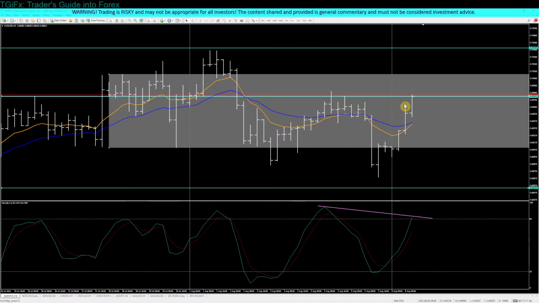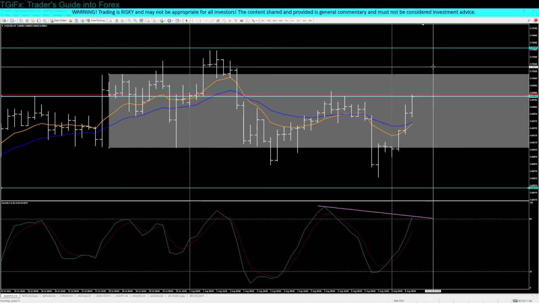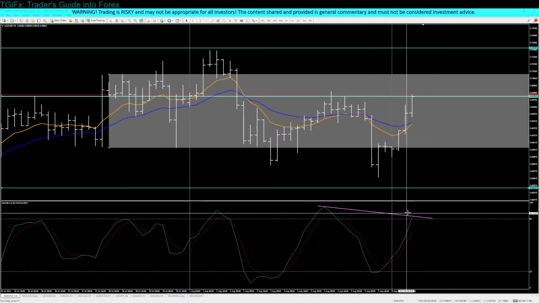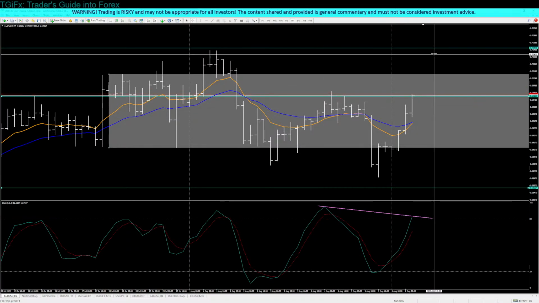Okay? This possibility weakens if it breaks this, and that means it will have a continuation here, it will become bullish, right? In this case.